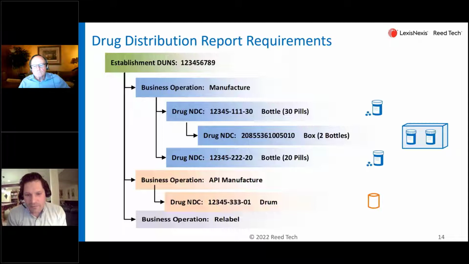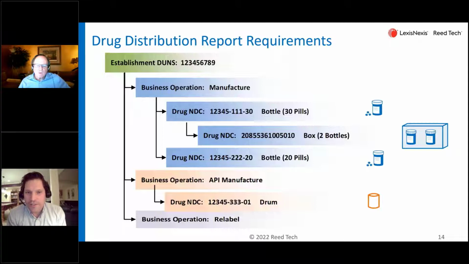A lot of the future of this could potentially be additional data elements. We see that a lot, right? As requirements evolve, it could even mean this type of report moves from a CSV file to an XML file, right? It could mean they add additional data elements. It's just that right now, this first baseline that's due in just a couple of days is going to be what it is. That's one of the things I did want to address.